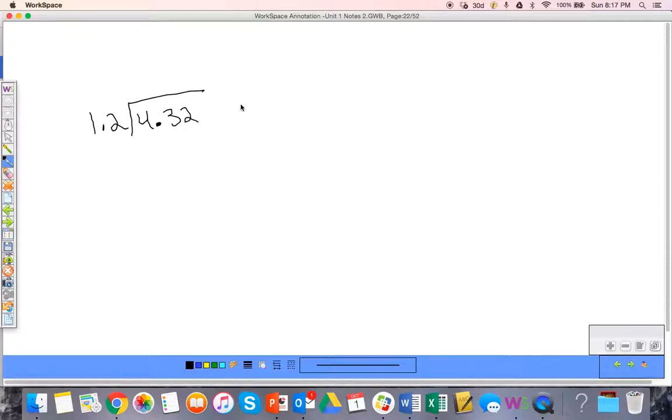So when we are dividing with decimals, we would like this number on the outside to not have any decimal places. So we are going to move the decimal until it's out of the picture. So if we moved it 1 time to the right out here, we also have to move it 1 time to the right in here. So we're going to end up doing 12 divided by 43.2.